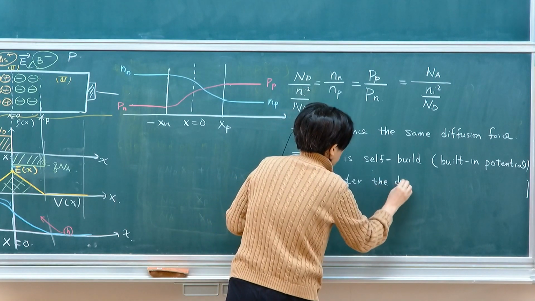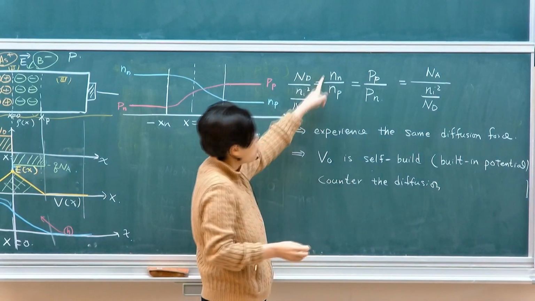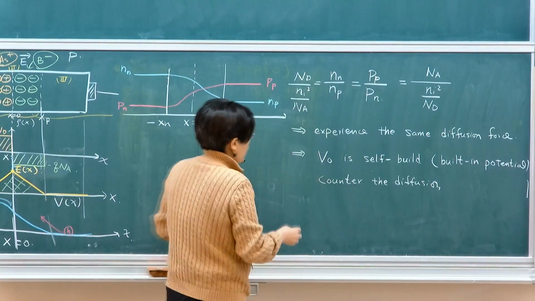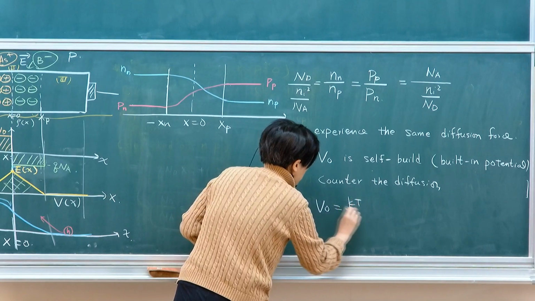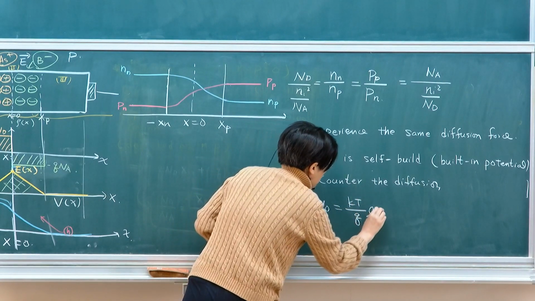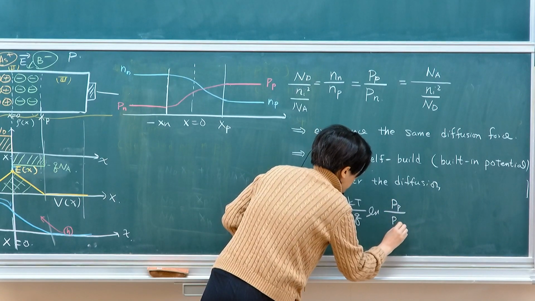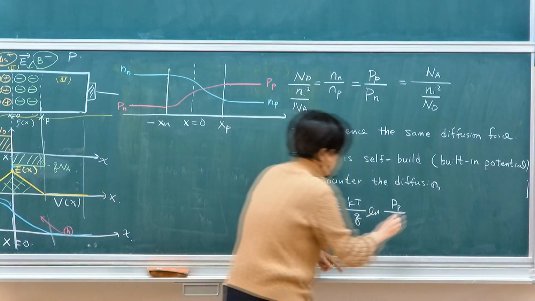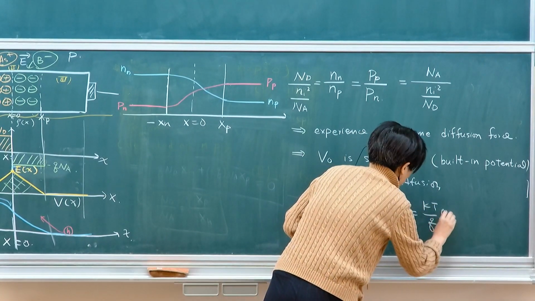The reason for this built-in potential is to counter the diffusion force, which is proportional to the ratio between the two. That is why we get V0 as kT over q, once again countering the ratio of majority to minority, hole against hole, electron against electron.